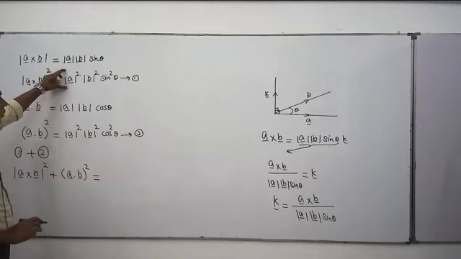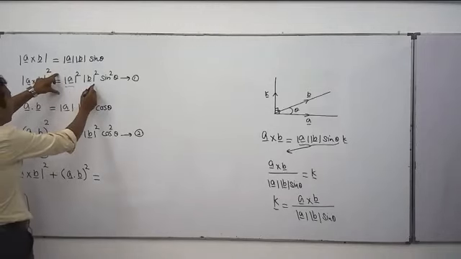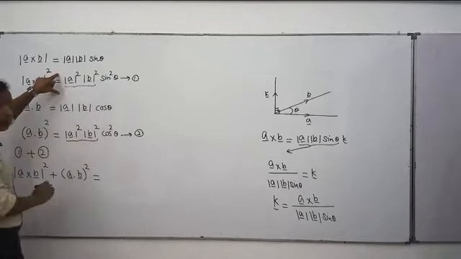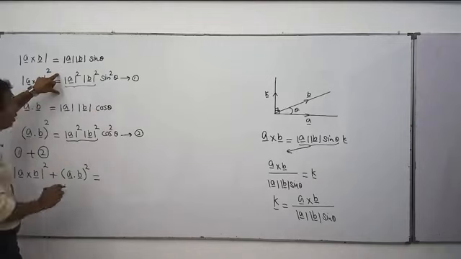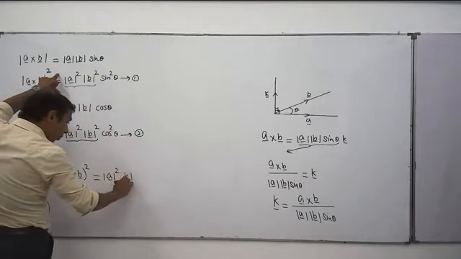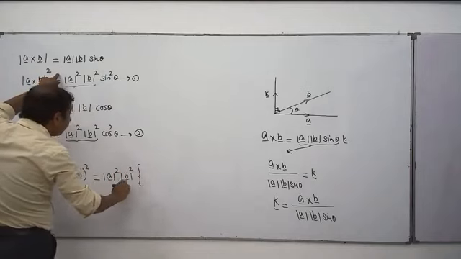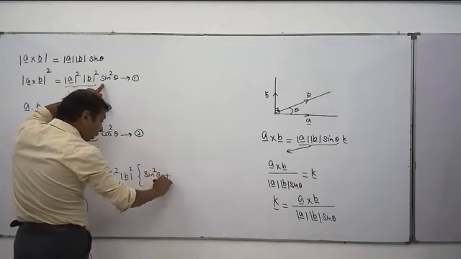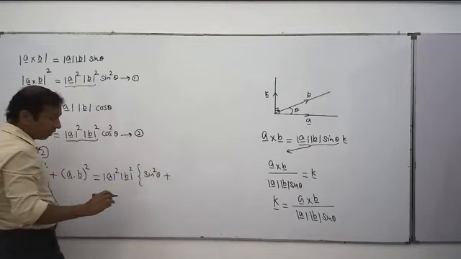Right hand side, when you add, people, here we have mod A squared times mod B squared. Here also we have mod A squared times mod B squared. That is common for both. Take that out. Mod A squared, mod B squared. When you take out, here we have sin squared theta, and from here, people, we get cos squared theta.